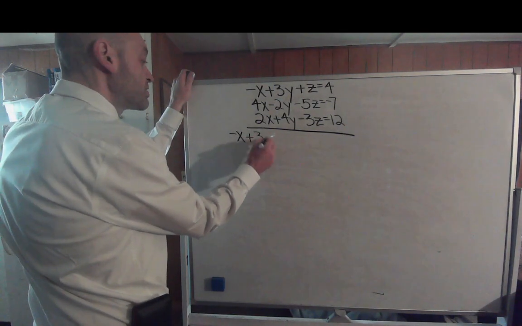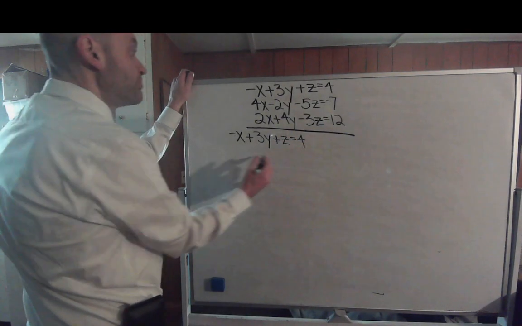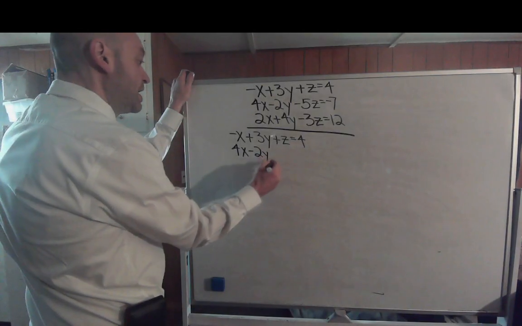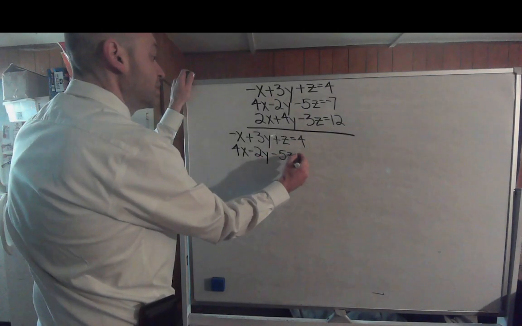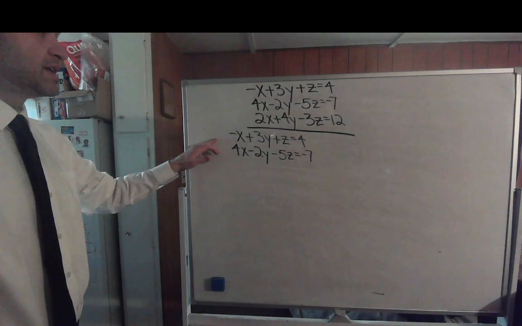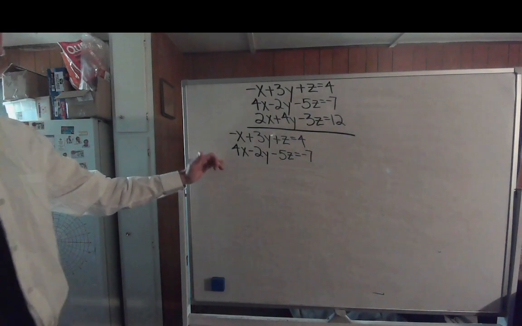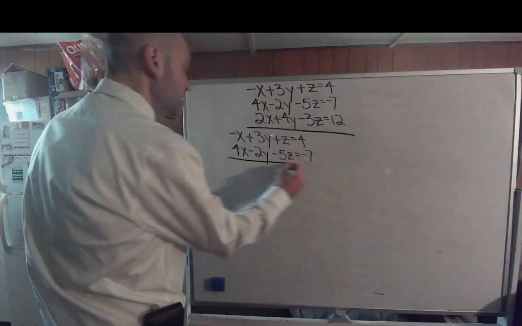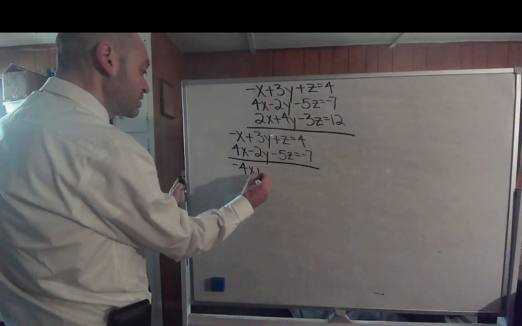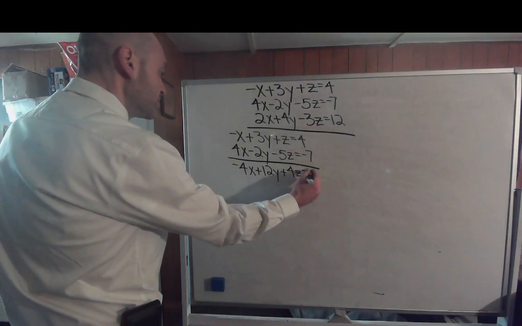Negative x plus 3y plus z is equal to 4. And then we got 4x minus 2y minus 5z equals negative 7. We want to eliminate x, we've stated. So if we multiply the first equation by 4 and then add these together, we can eliminate x. You'll get negative 4x plus 12y plus 4z is equal to 16.